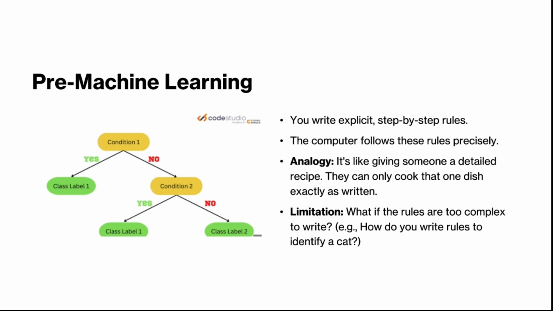And the limitation, which I believe a lot of you would have thought of, is what if the rules are too complex? How do you write rules to identify a cat? You can say whiskers, it's white, it has a tail, and so on. But let's say I ask you to write a rule for a tomato. You can say it's a berry, it's red in color, and it's edible.